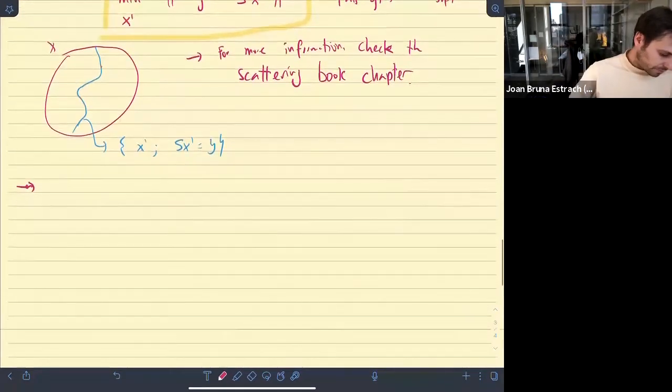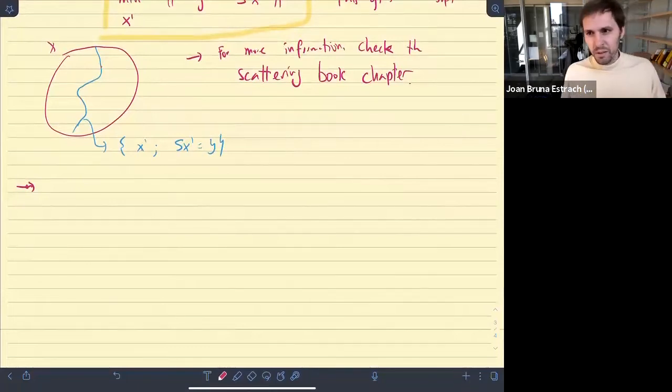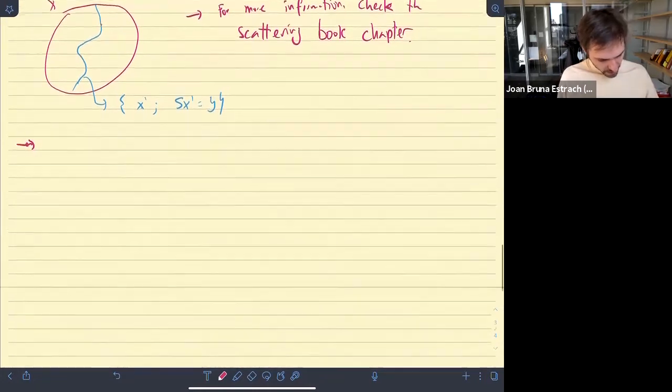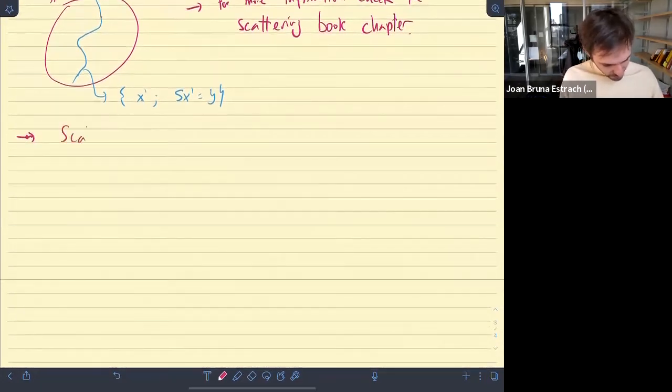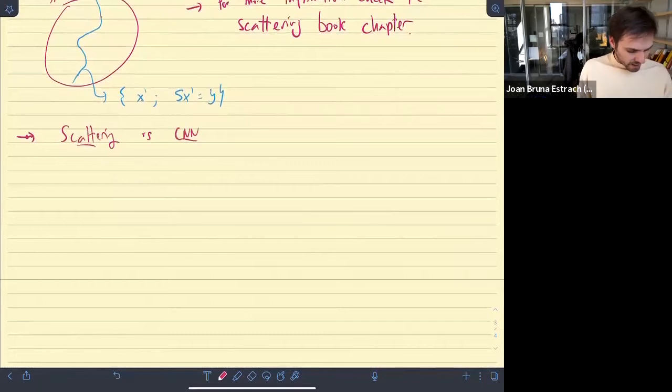There's one thing that is very different: if I think of it in terms of an architecture, what is the connectivity between the input and the output? In the scattering, I have my x, and I start by applying a filter bank, a convolutional filter bank that has different channels.